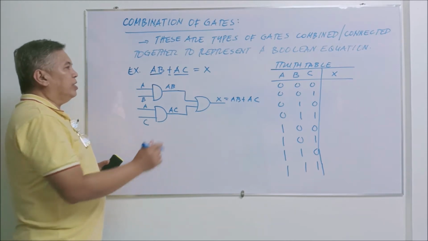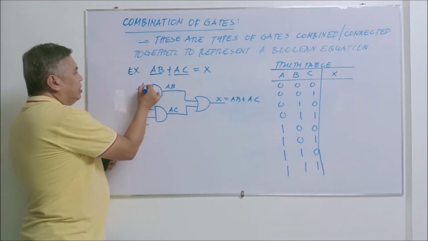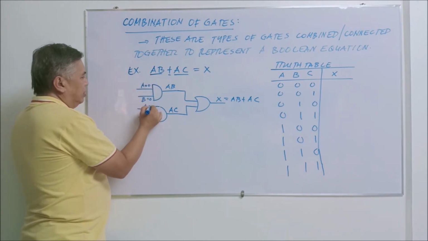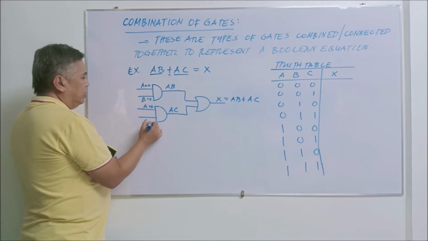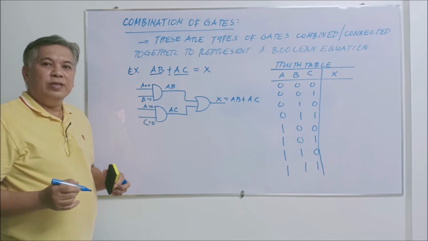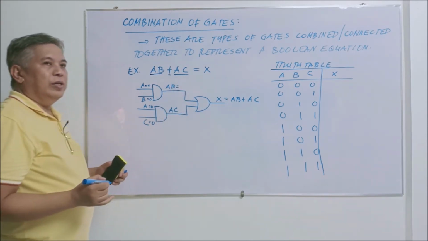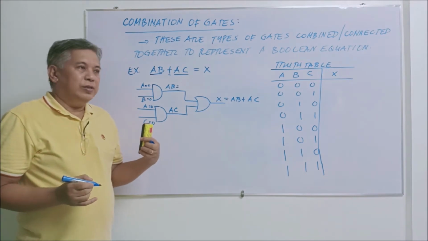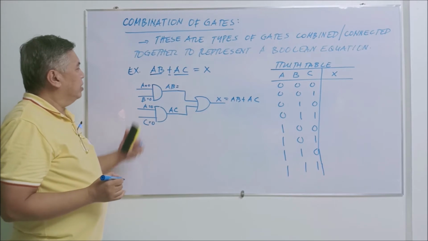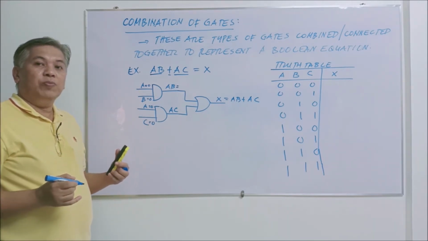In this case, A, B, and C are 0. So for the AND gate, if you review our discussion on the different types of gates, it says that if any of the inputs is 0, then the output is 0.